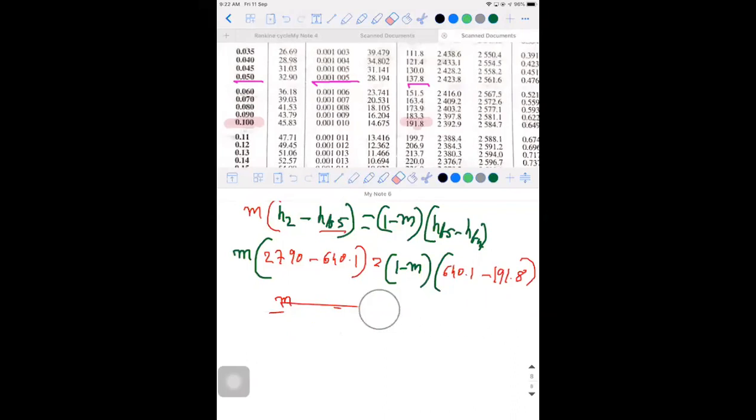That is, 1 minus m divided by m is equal to 2790 minus 640.1, divided by 640.1 minus 191.8. Then this is equal to 1 by m minus 1 is equal to this much, and thereby you tell me what the m value is.